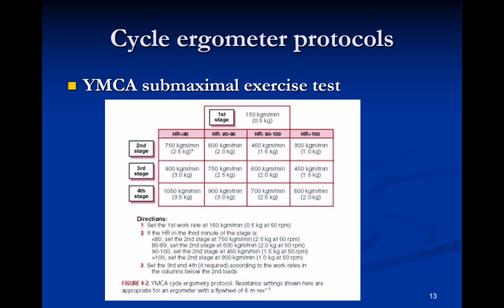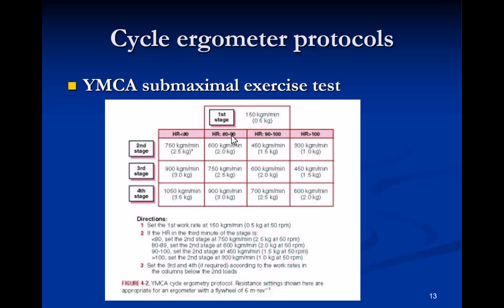And this is the YMCA bike test that I was discussing. We are going to do this one in class, but you can see it's a submaximal test, so there are 4 stages. Everyone starts at 0.5 kilograms of resistance. And then based on the heart rate after that first stage, you follow one of these columns all the way down.